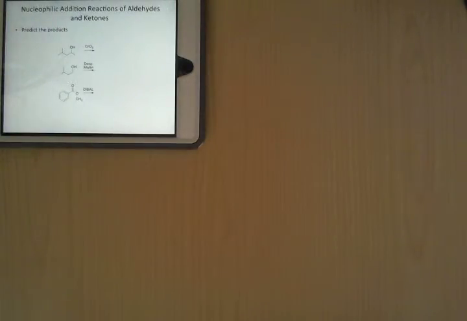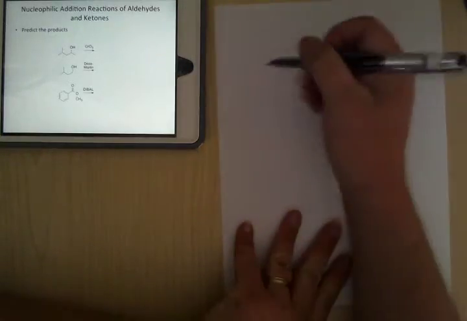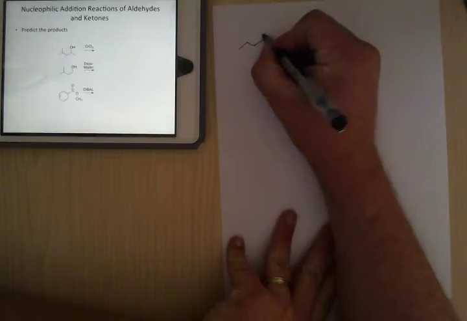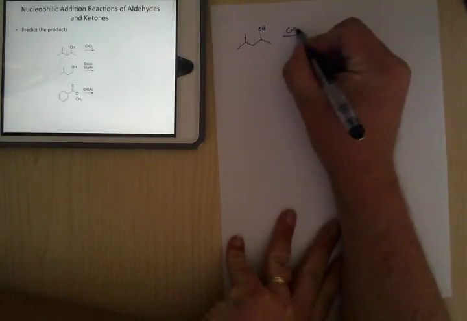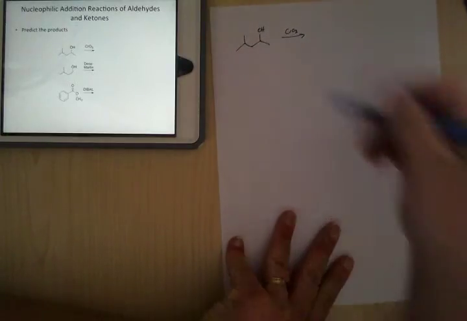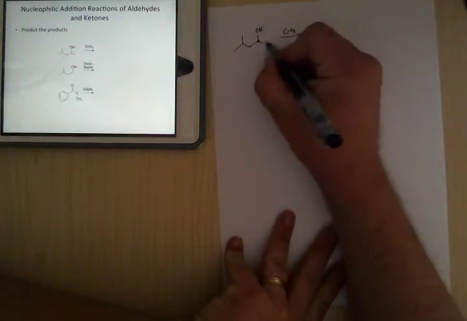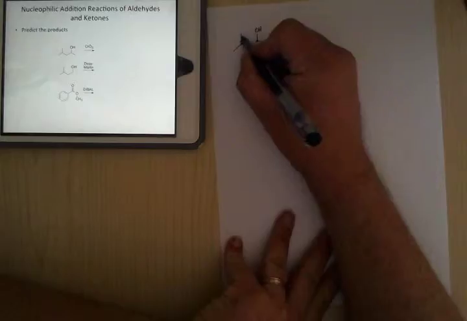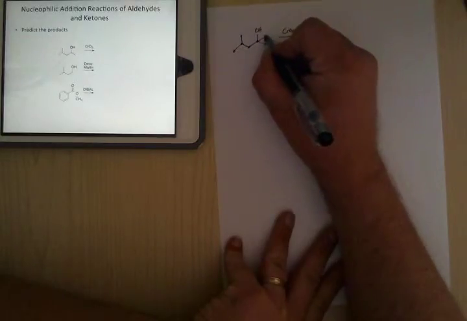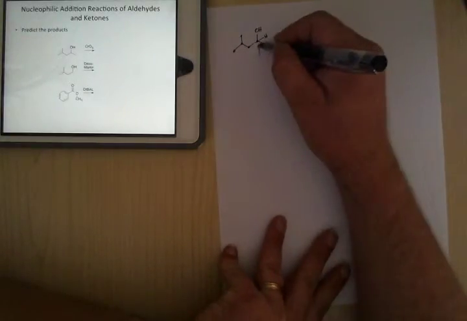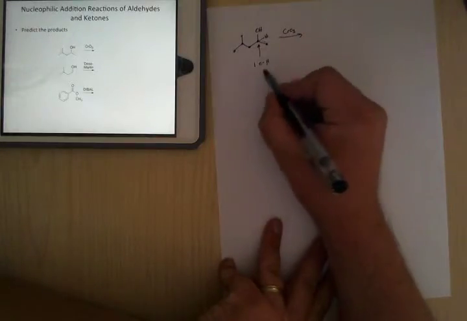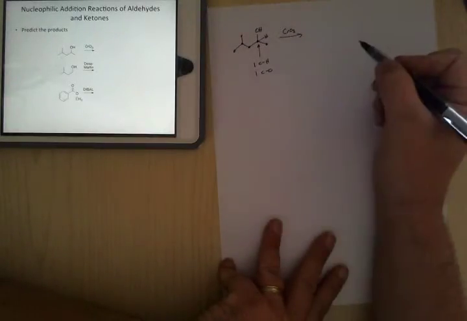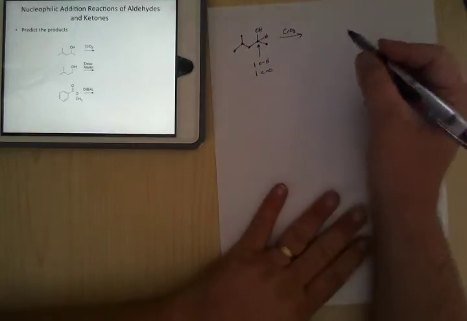Okay, so if we look at this, chromium trioxide, right? So what do we have? Remember we have a hydrogen there, so that has 1 carbon-hydrogen bond and 1 carbon-oxygen bond.